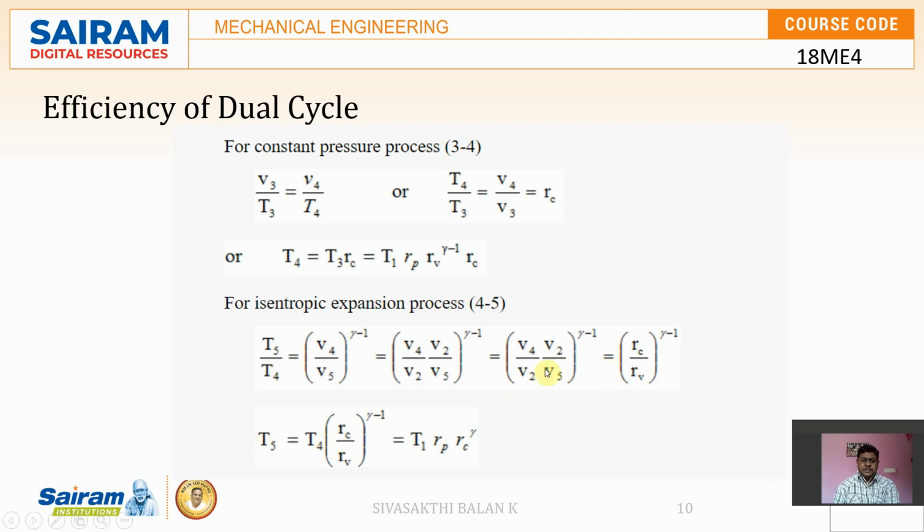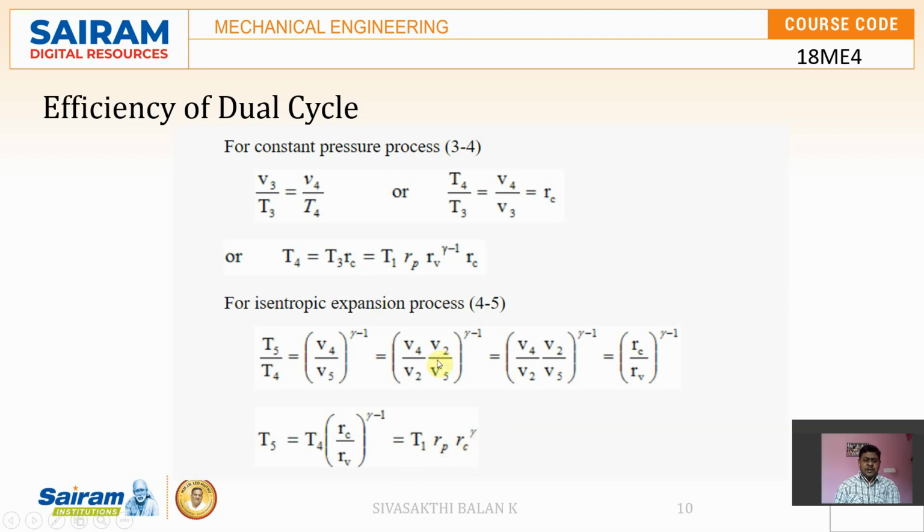So, T5 is nothing but T4 into this ratio, and T4 we know is in terms of T1. So, T1 into RP RV to the power gamma minus 1 into RC, multiplied and divided by this term. You simplify this, you will get a simple term like T1 multiplied by RP multiplied by RC to the power gamma.